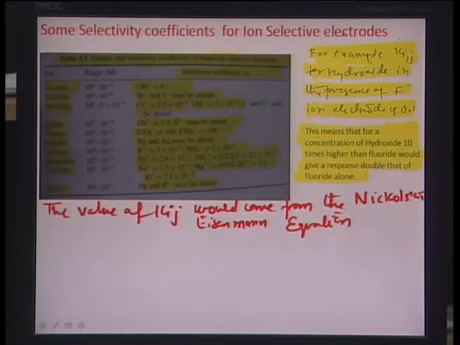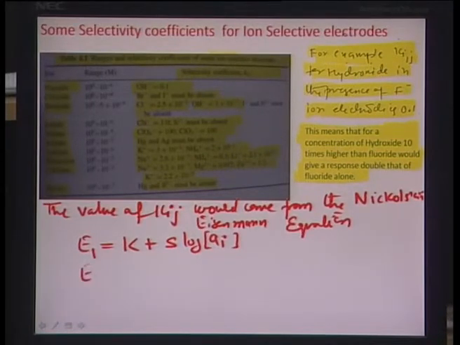So let us suppose we have a certain ion of interest I for which the EMF has been measured using the Nernstian equation as E1 is equal to K plus Nernstian slope S times log of the activity of the primary ion Ai.